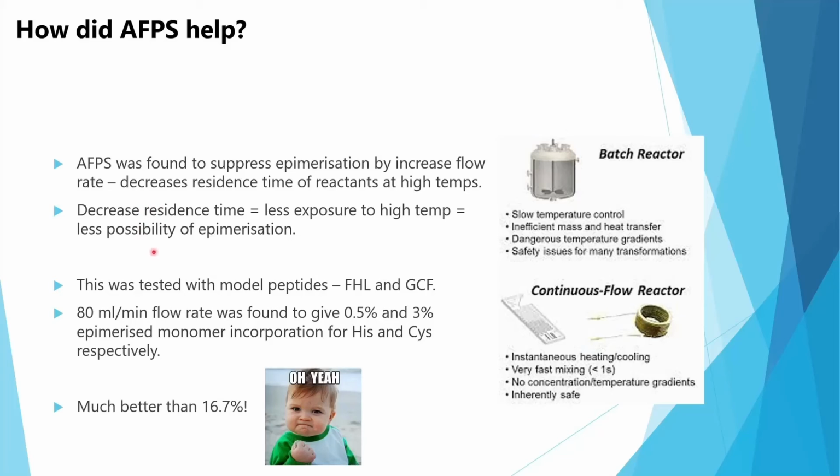Since the overall mixture would be exposed less to high temperatures and therefore decreased residence time, possibility of epimerization also decreased. This was tested with model peptides FHL and GCF. The faster flow rate reflected low epimerized monomers, with yields for the desired product incorporating the histidine and cysteine were 99.5 and 97% respectively.